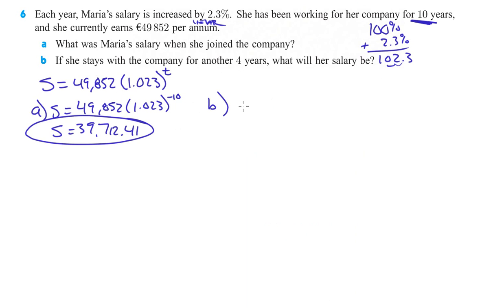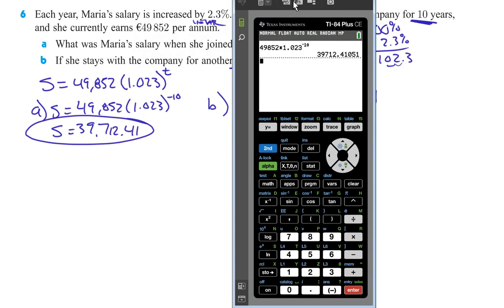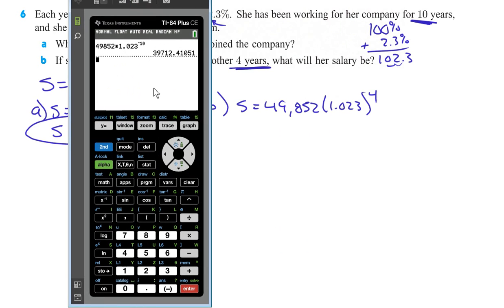Okay. And then for part B, if she stays with the company for another 4 years, what will her salary be? So that would be, salary is going to equal 49,852 times 1.023. Now she's going to go for 4 more years, so that's going to be to the 4th power because it's going to keep increasing by 2.3% every year. Okay, so now we can simply put that in.